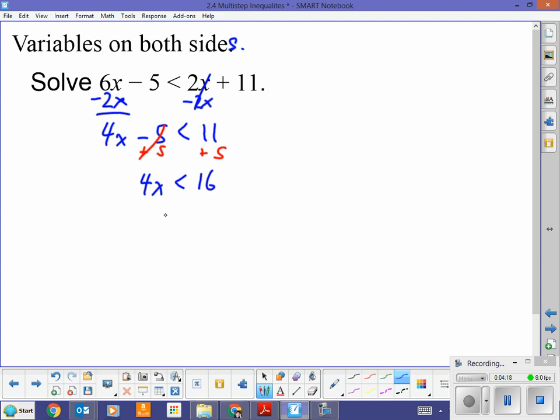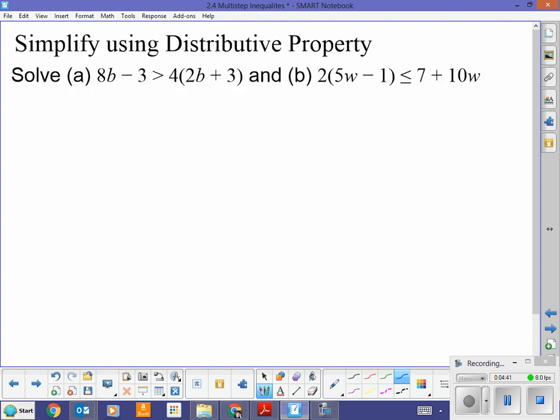Dividing both sides by, and this is a positive 4, so I'm not reversing any inequality symbols around. We'll have x is less than 4. Okay, so any numbers less than 4 will make this inequality true. Variables on both sides, again, very similar to equations.